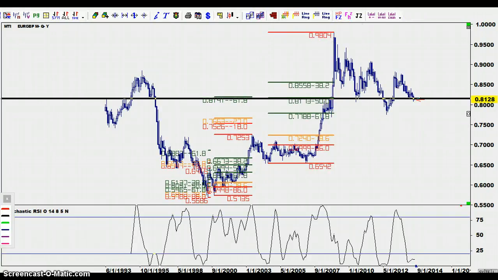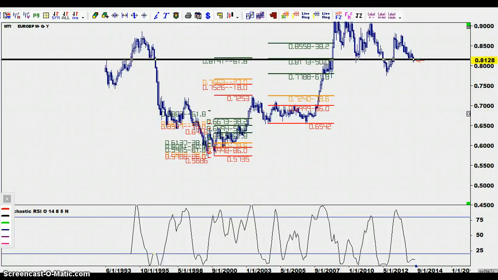So there's a lot of resistance at that area. I would guesstimate we should see some sort of bullish move around this point. Again, we don't see that happening right away, but I think we probably need to look out for it.